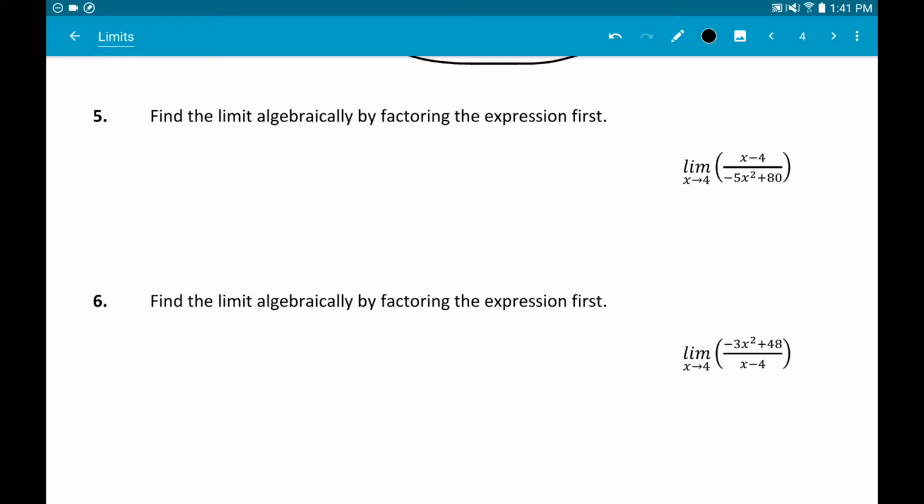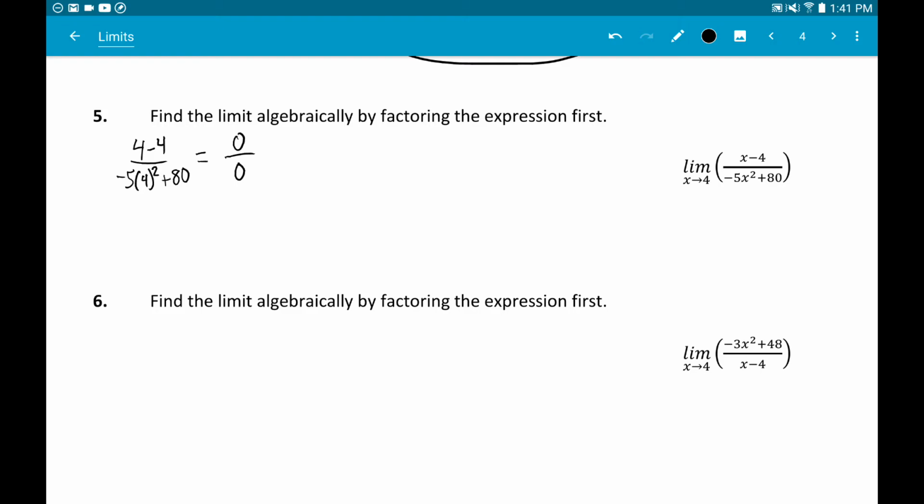So for instance here, if I plug in 4 into this function, I'm going to get 4 minus 4 over negative 5 times 4 squared plus 80. 4 minus 4 is 0. Let's see, 4 squared is 16 times negative 5 is negative 80 plus 80 on the bottom is also going to be 0.